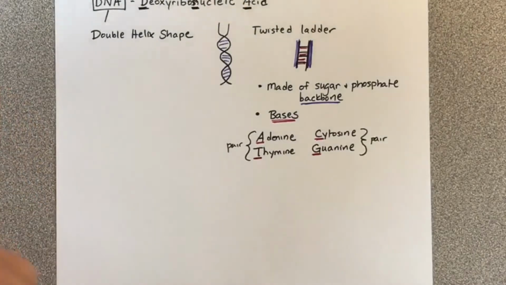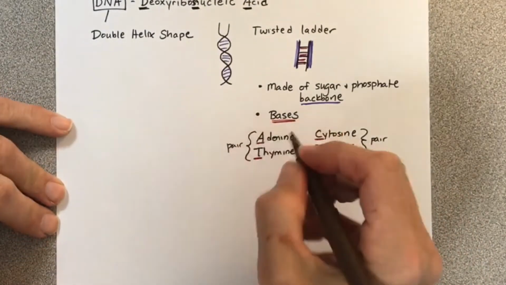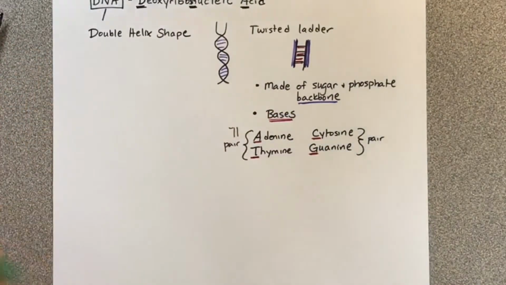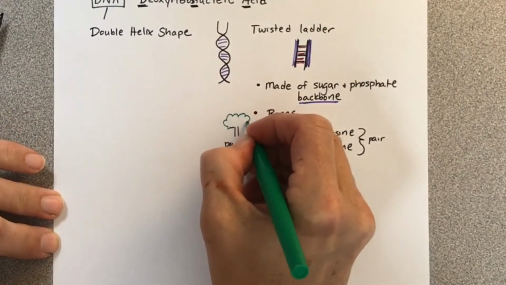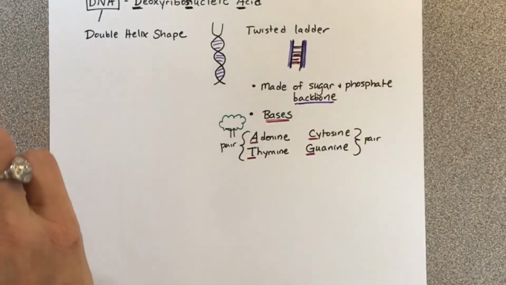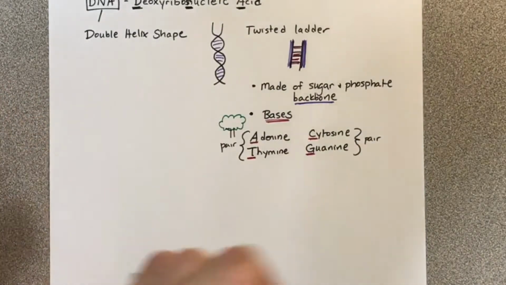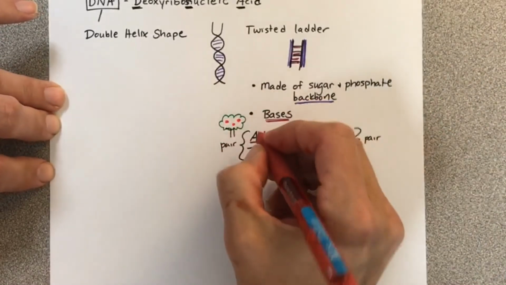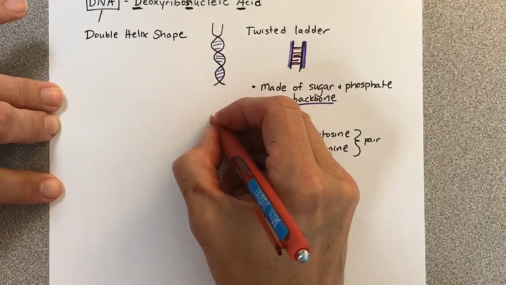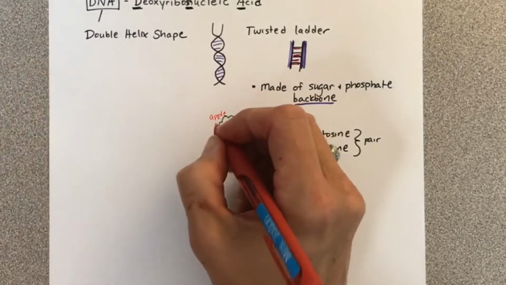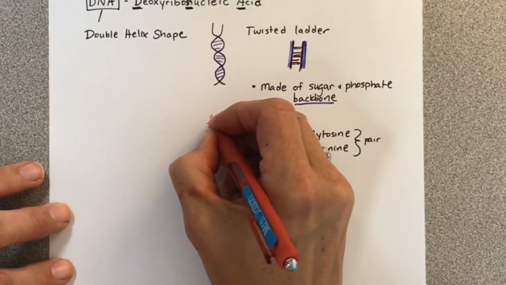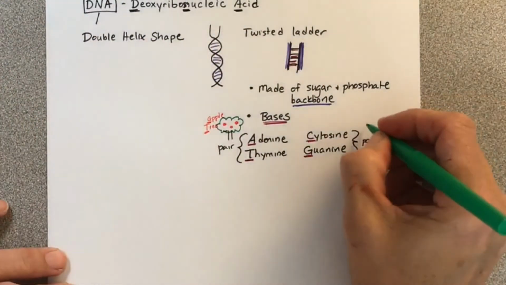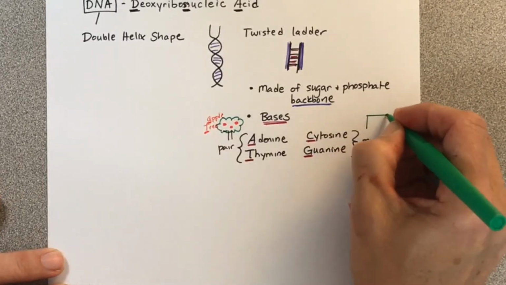There are some different mnemonics to help you remember. One is apples on trees, A and T. We could draw a little tree here with a little red apple on it. Apple and tree, A and T. And for C and G, we could think of a car and a garage.